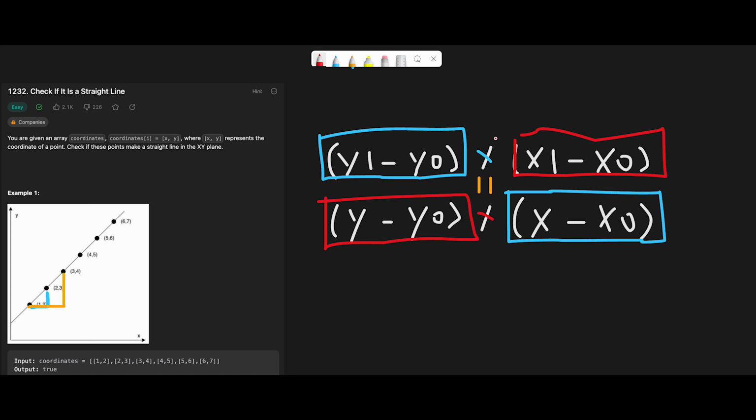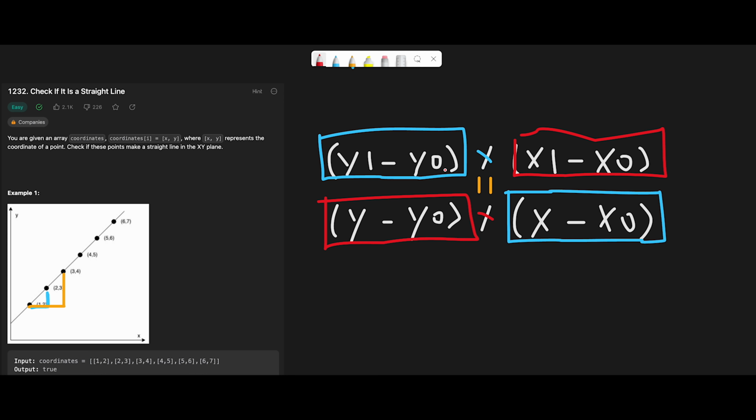So yeah, this is a mathematics problem. If you don't understand what I'm saying, just Google it. If we switch these two x values, we change the division to multiplication, right?